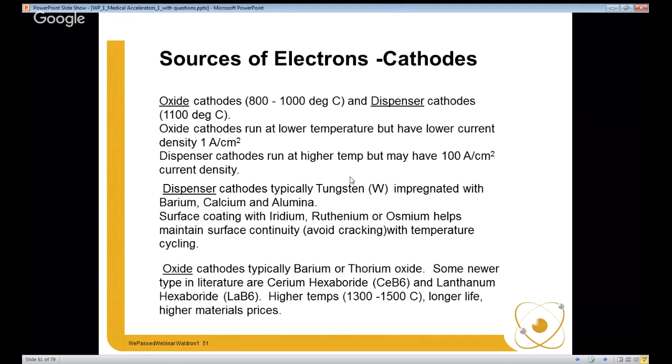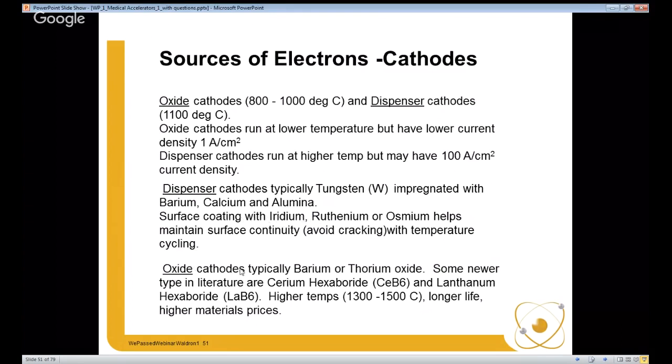Usually we're talking about structures made of tungsten, barium, calcium, aluminum, and frequently these are coated with iridium, ruthenium, or osmium. This coating helps keep the surface from cracking. You know, they're cycling through very high and low temperatures as we turn the machines on and off, and this keeps these from cracking and flaking.